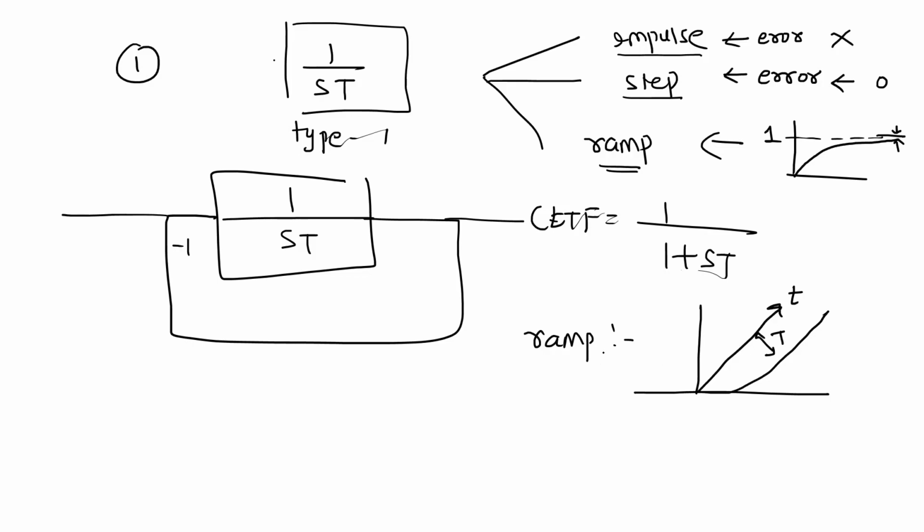They have given this example in a question in the GATE exam: for a ramp signal they have given this signal and asked for the steady state error in terms of the time constant. And you know that for this closed loop system, 1 by (1 plus ST), what is the time constant?